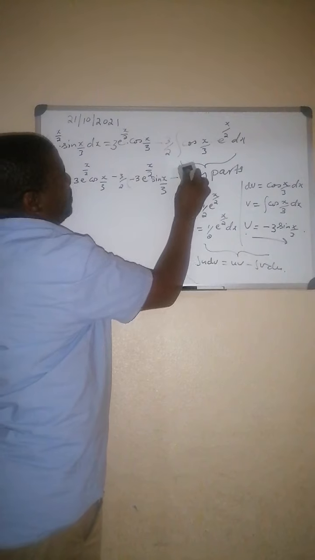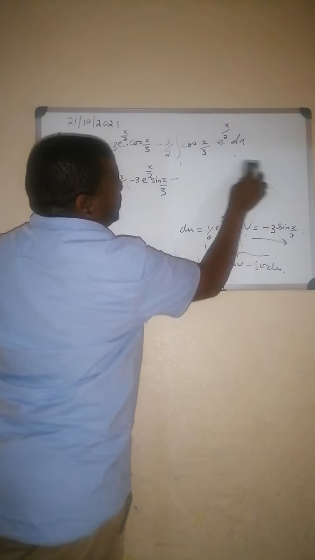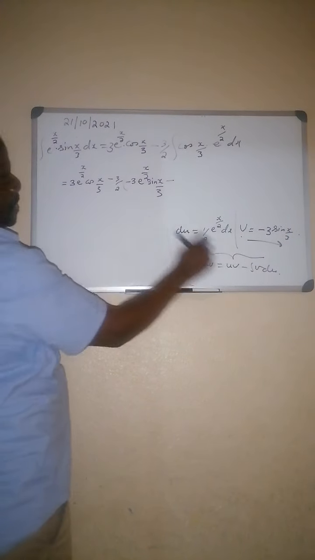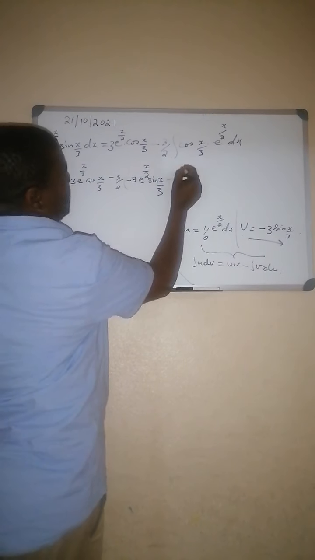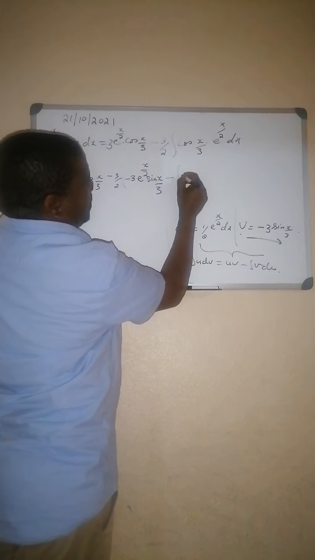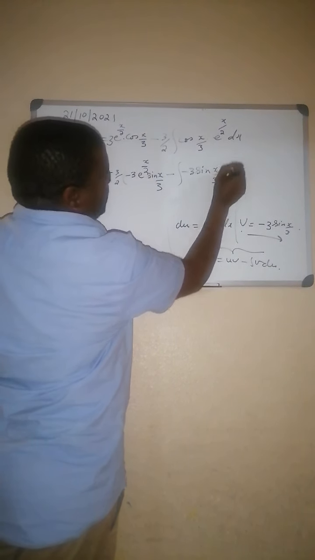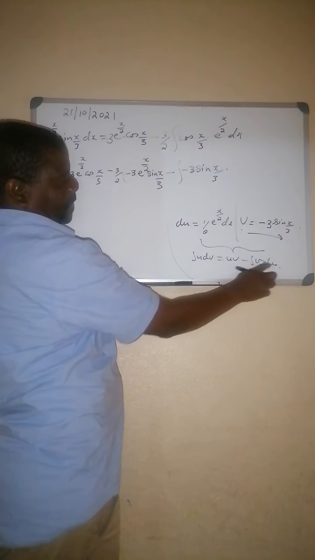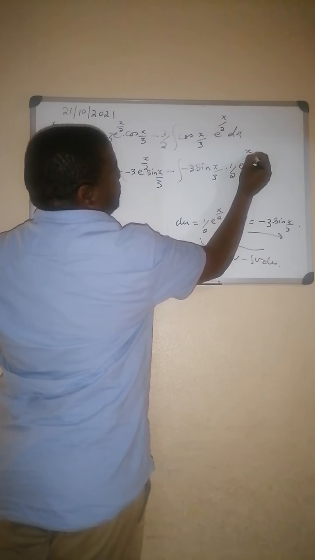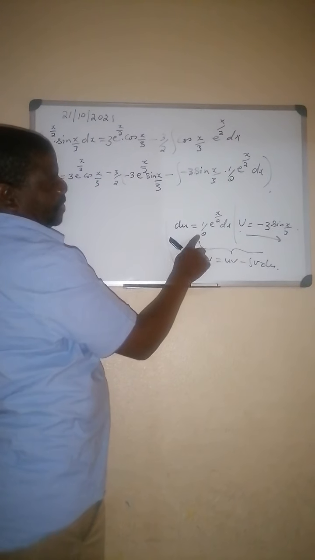So I can safely do this. I've got minus the integral of v. What is v? V is minus 3 the sine of x over 3 du. What is du? Du is half e to the x over 2 dx, which is this one here.